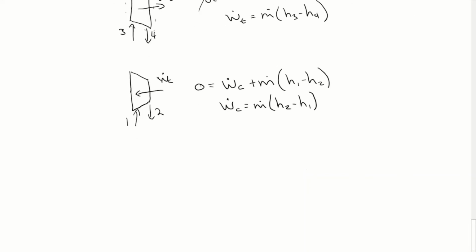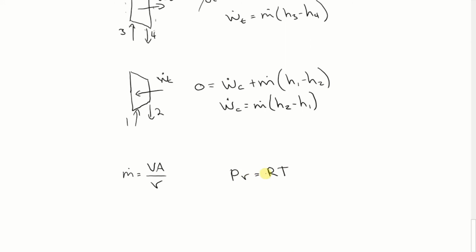Like I mentioned, we have all of the h's, but we do still need to find the m dot. All we're given in the question is volumetric flow rate, but we do know that our mass flow rate is equal to our volumetric flow rate divided by our specific volume. We also know that our pressure and temperature are related to our specific volume through the ideal gas law, which is Pv equals RT.